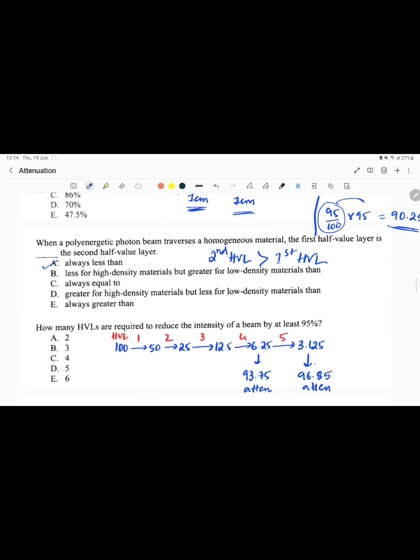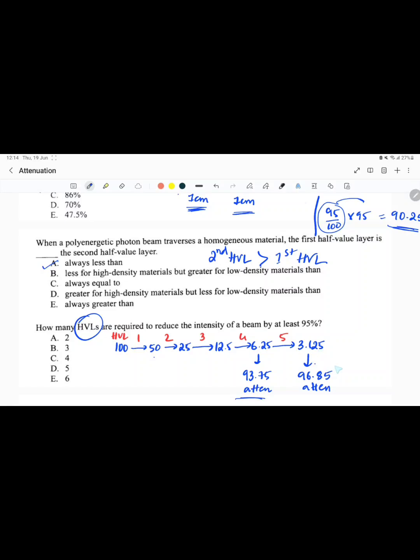So the next question, how many TVLs are required to reduce the intensity of a beam by at least 95%? So they are actually asking about HVLs. With one HVL, we will reduce it to 50%, then 25, then with the third 12.5%, with the fourth 6.25, and with the fifth 3.125. So 4 HVLs reduce the beam with 93.75% attenuation.